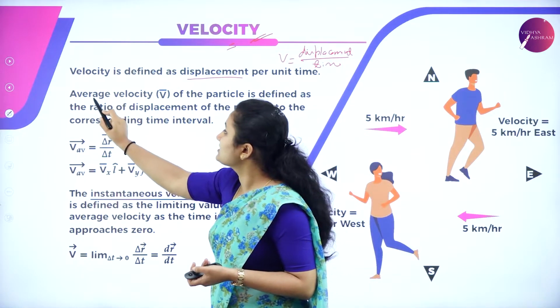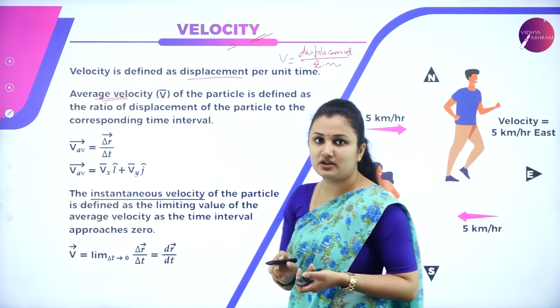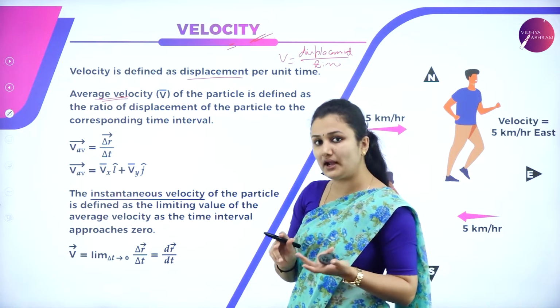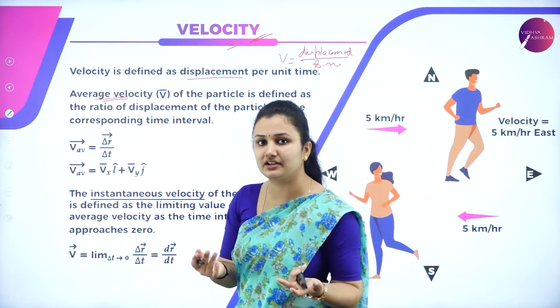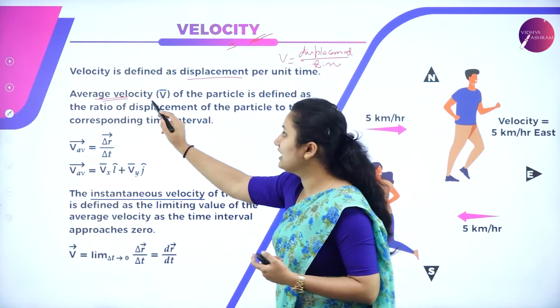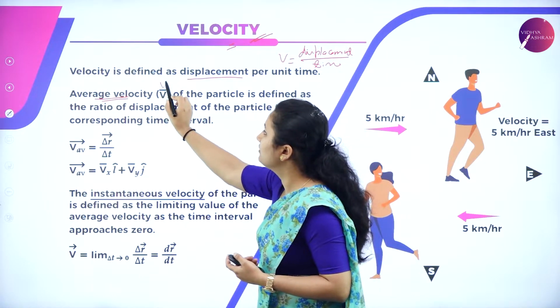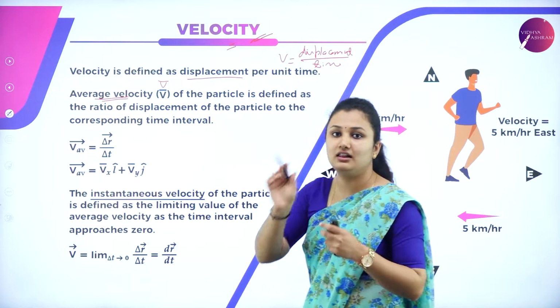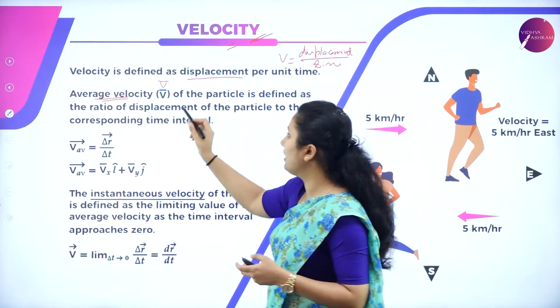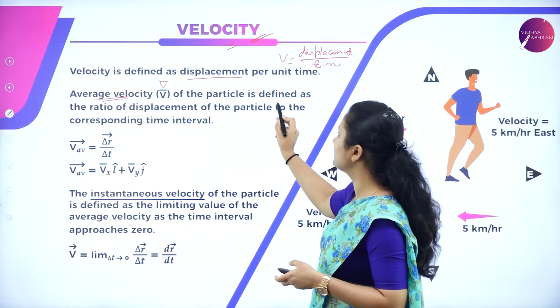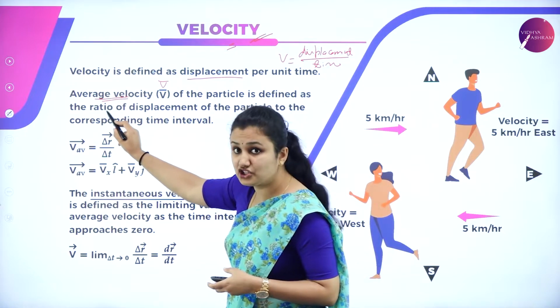So next, we got to know velocity is displacement by time. So what is average velocity? Velocity is a vector quantity, depends on both magnitude and direction. Average velocity is represented by V bar, V with a line on top.